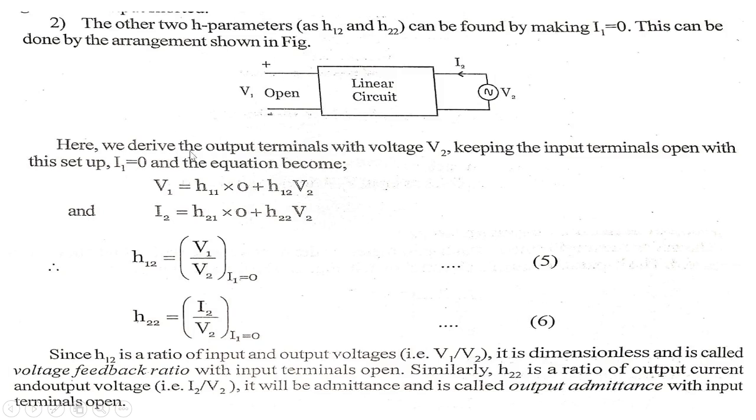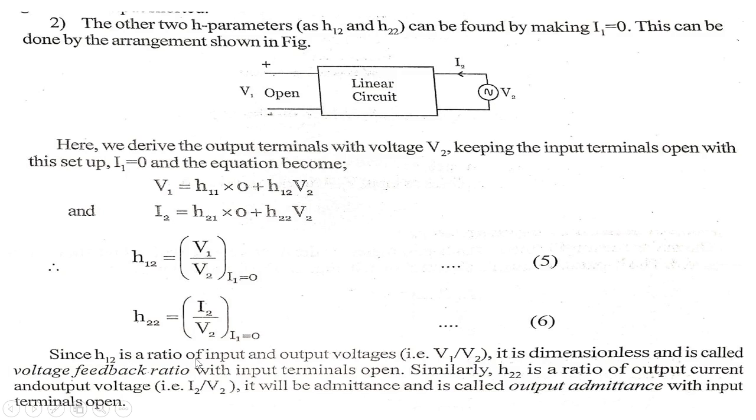Here we drive the output terminal with voltage V2, keeping the input terminal open. With this setup I1 equal to 0 and the equations become V1 equal to H11 into 0 plus H12 V2 and I2 equal to H21 into 0 plus H22 V2. Therefore, we get H12 equal to V1 upon V2 with I1 equal to 0 and H22 equal to I2 upon V2 with I1 equal to 0.